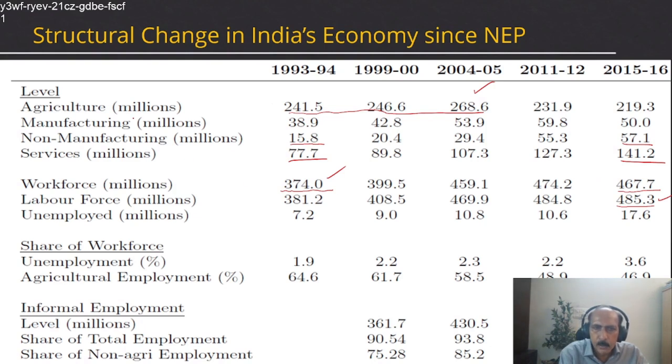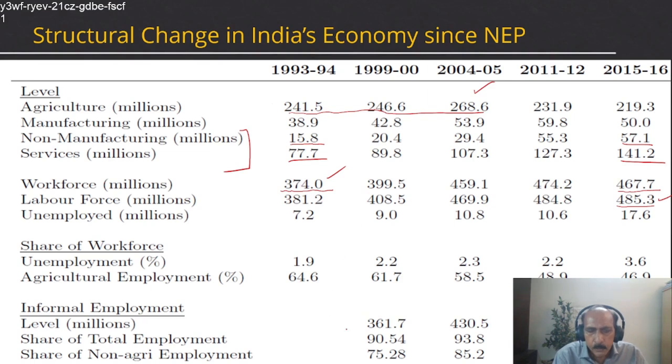And in these two sectors, the informal sector has flourished in a big way, and the workforce which is released by the agriculture is largely absorbed in these two sectors, largely in the informal non-manufacturing and informal services sector.